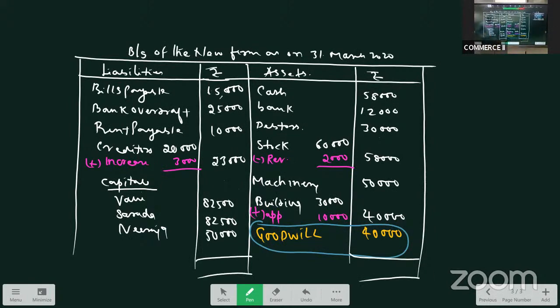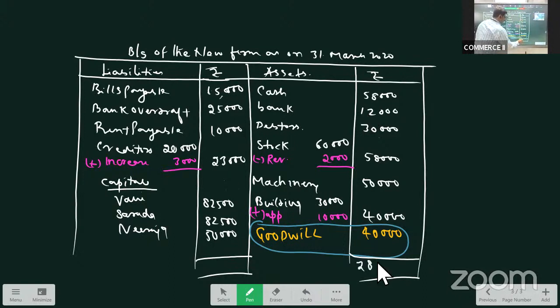Now let us do the totaling. See the sum up. What is the total? 58, 71, 158, 208, 288.